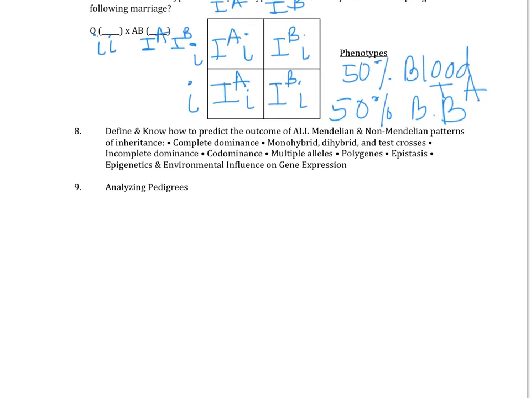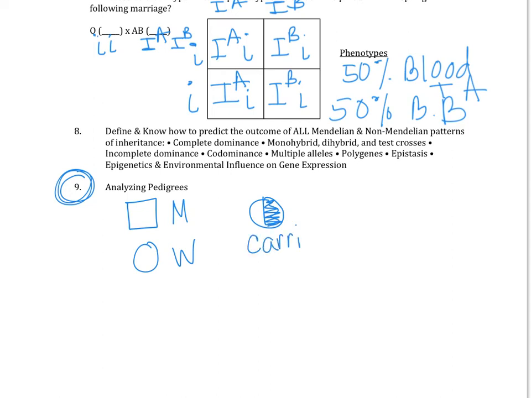Pedigrees. What am I looking for with pedigrees? I'm basically looking for you to be able to analyze them. So know that men are squares, circles are women, okay? The way I believe I have it on the exam, and I'll double check this, is that this is a carrier. All right? This means you're a carrier. Now, it can also mean this if it's not a sex-linked trait. Men can also carry if it's not a sex-linked trait.